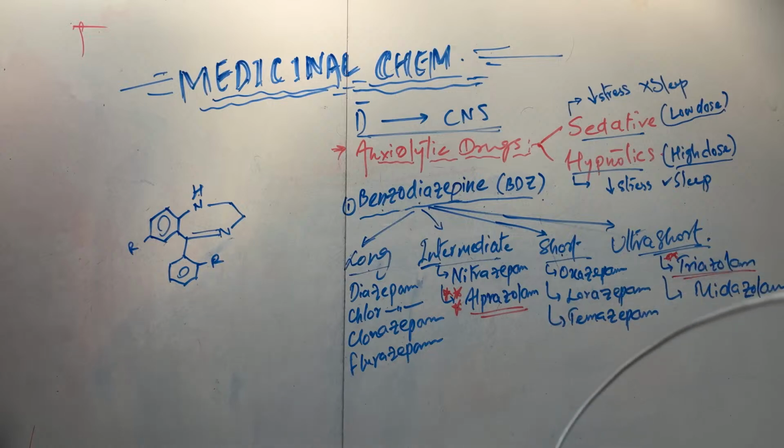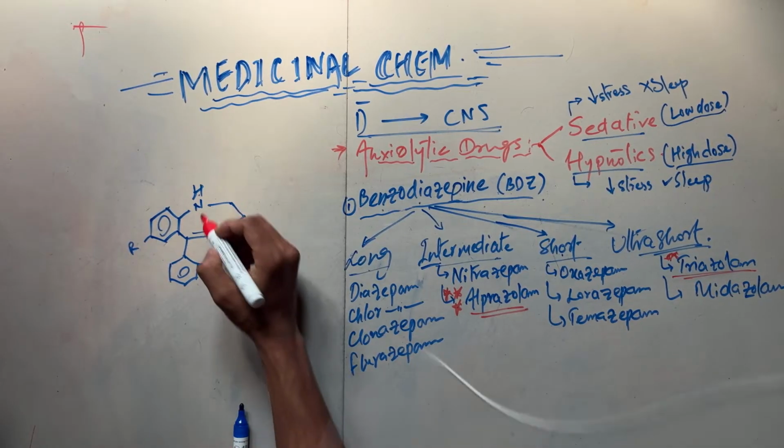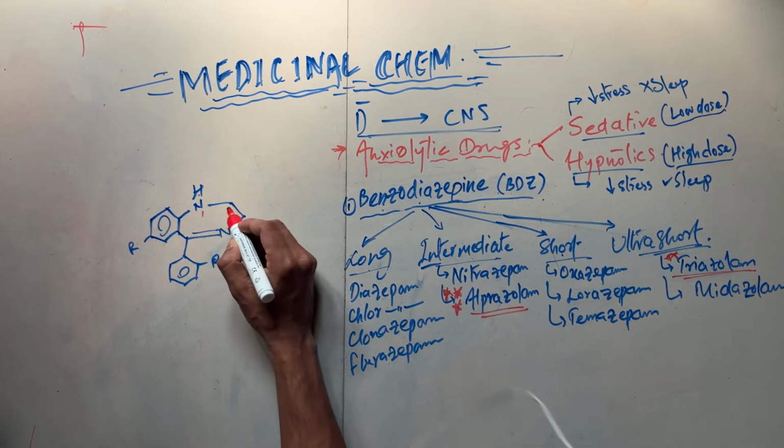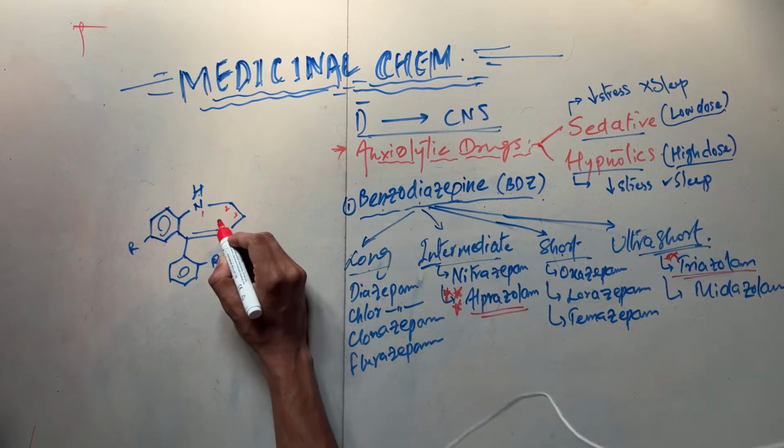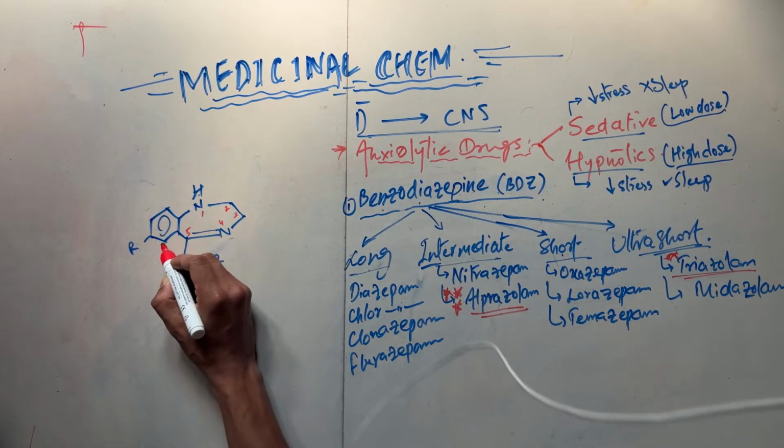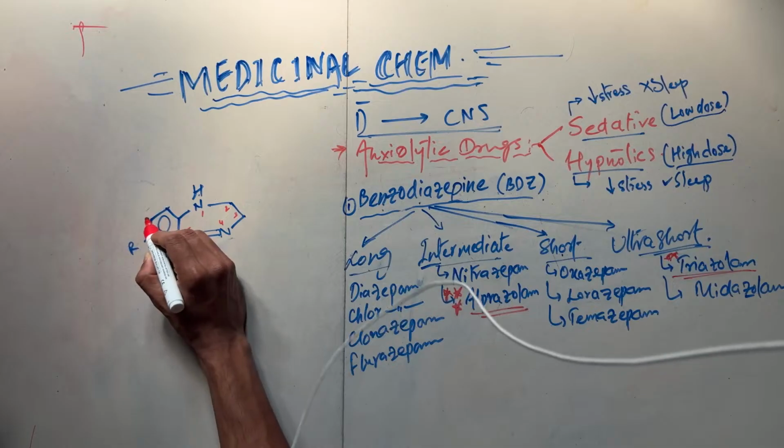Please tell me. According to IUPAC, numbering will start from the first. I don't know, you people are not commenting. So numbering will start from there. 1, 2, 3, 4, 5, 6, 7, 8, 9.